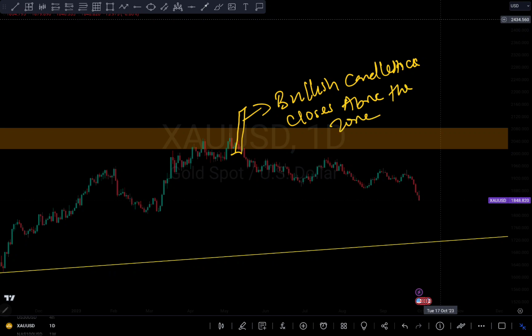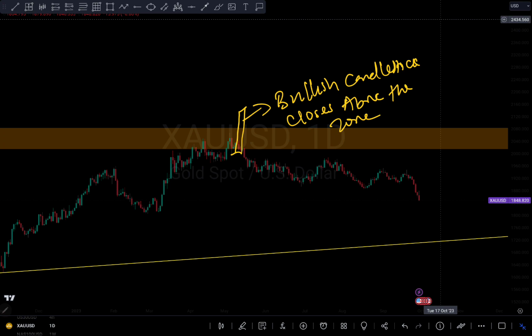So if a bullish candle closes above the zone right here, that is one confluence that I think the resistance has been broken. But that does not mean we have to take our trade yet, because that might be a fake out. Remember that previously the zone is solid, because whenever we get there, there's always a rejection.